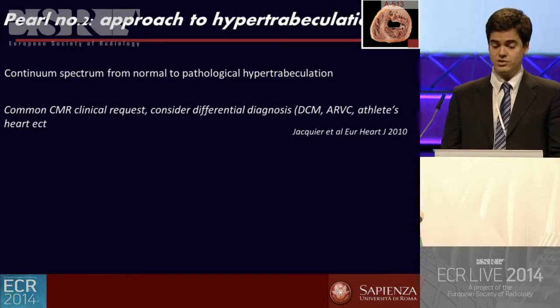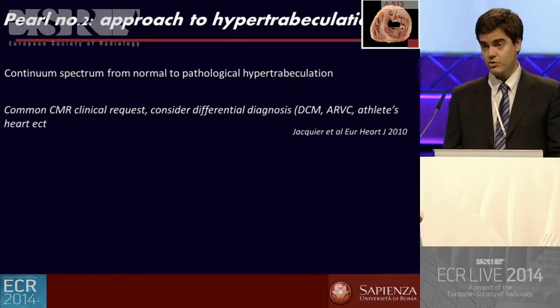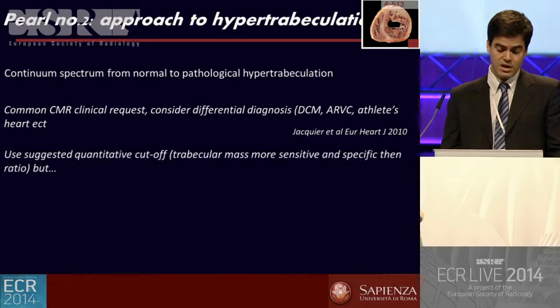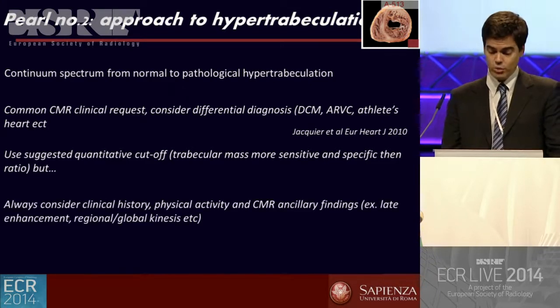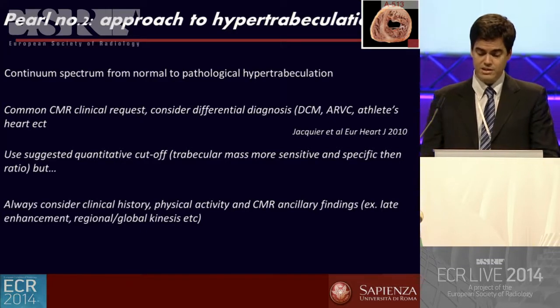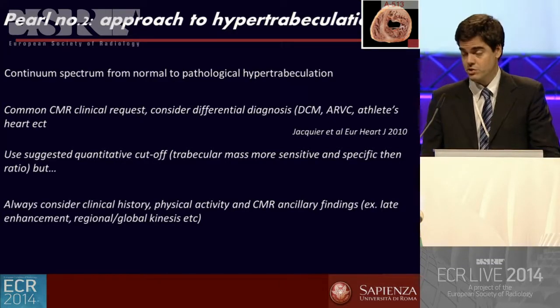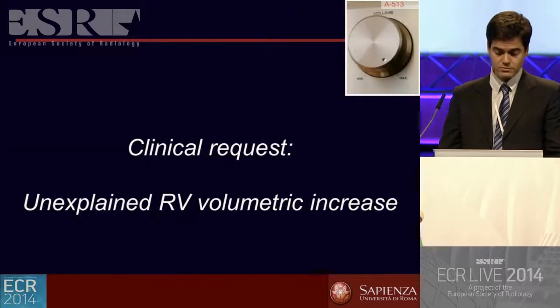We have always to consider differential diagnosis, so dilated cardiomyopathy, ARVC, so arrhythmogenic right ventricular cardiomyopathy, athlete's heart, etc. Use the suggested quantitative cutoff. I always rely on the second one I proposed to you, so to measure the mass of non-trabeculated ventricles, and also always consider clinical history and CMR ancillary findings, also, of course, late enhancement and whatsoever.